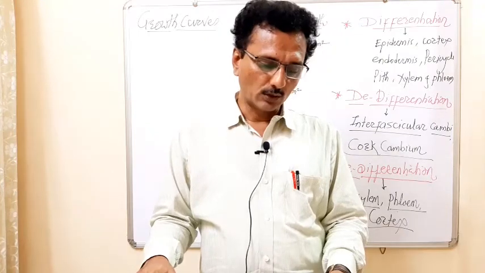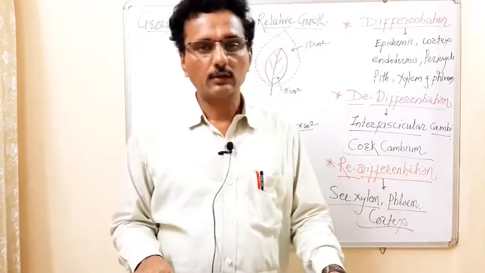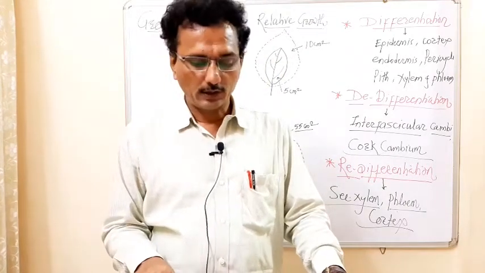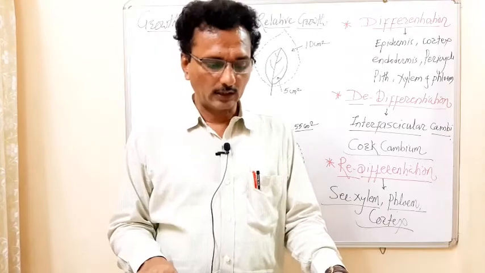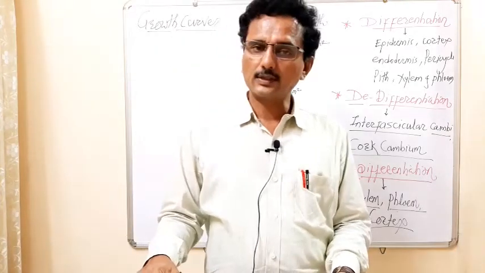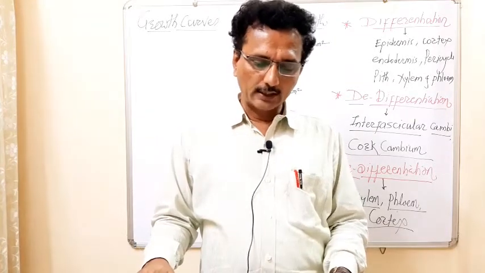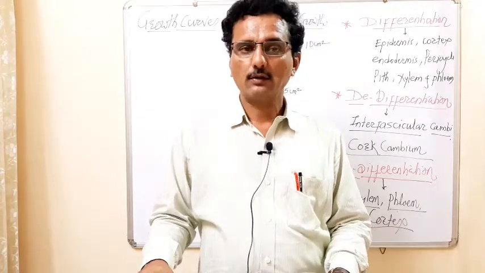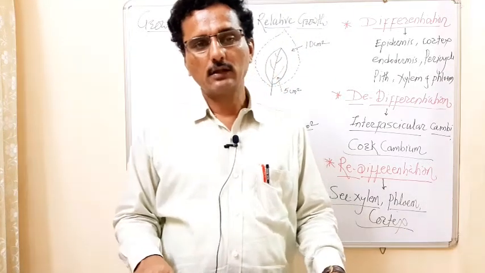The first option the protoplasm, second option DNA, third option cell wall and fourth option cell organelles. So the growth with respect to a single cell means what? It shows an increase in the amount of the protoplasm. So the first option, the protoplasm, is correct.